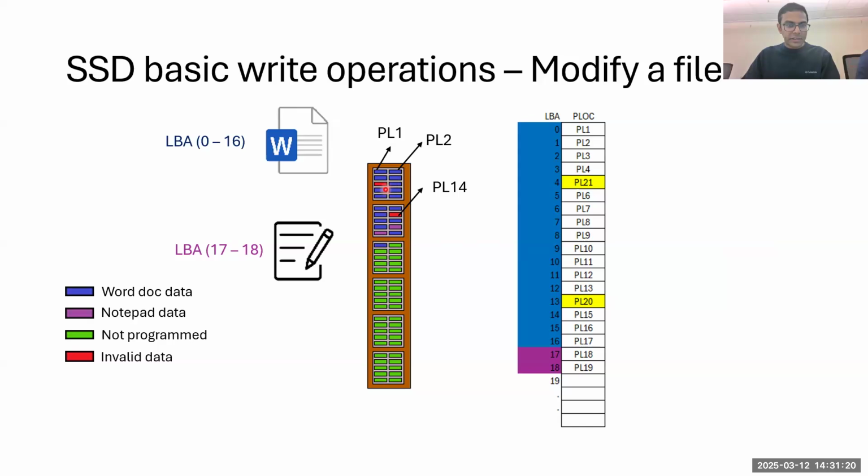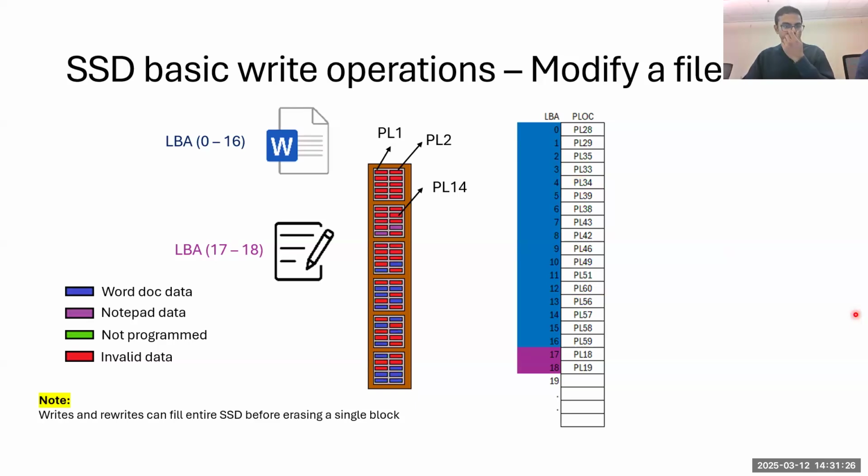And this one is marked as invalid, as shown in red here. So this can repeat several times. The Word file can be modified several times over the course of months or days. What that would mean is all of the previous data would be marked invalid, and the LBA would be rewritten, meaning the new data would be written to new pages available on this solid state drive.